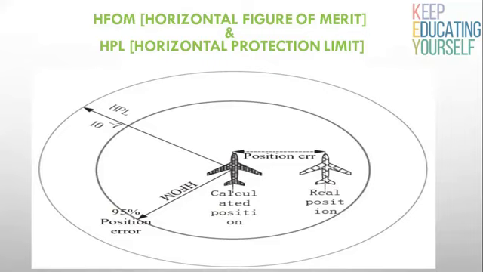HFOM is different as the position of the GPS satellites changes. HPL and HFOM have similar definitions but make differences. HPL determines the separation between two aircraft for safe flight, whereas HFOM determines the separation where pilots should be more cautious of collision.